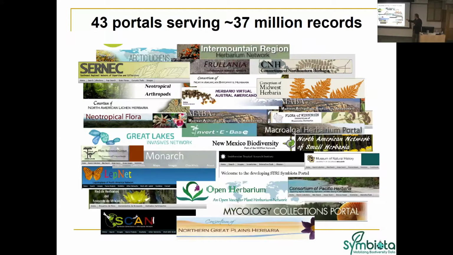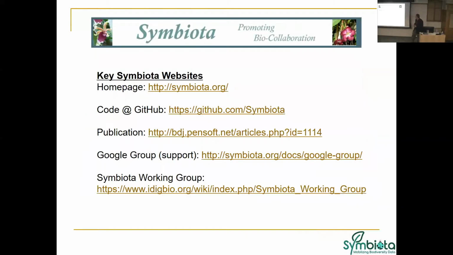You can imagine the Macroalgae Herbarium, what it contains; LepNet, that's where your butterflies are going to end up; and of course the Mycology Collections Portal, that's where the fungi go, except for lichens, because the lichenologists wanted to have their own portal. So there's also a lichen portal as well. There is some talk about combining these down the road, because as we all know, lichens really are fungi, right?